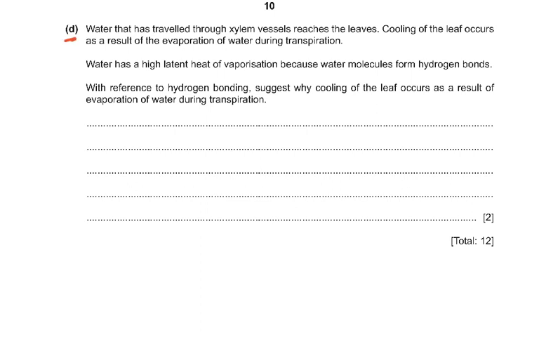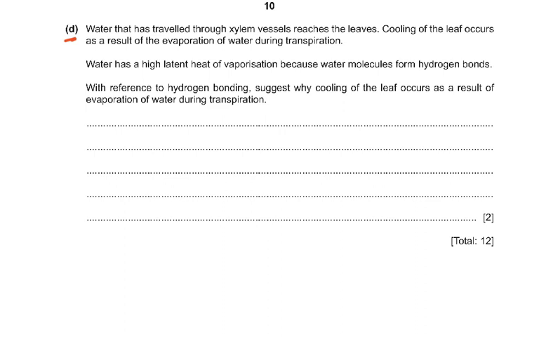Water that has traveled through the xylem vessel reaches the leaves. Cooling of the leaf occurs as a result of the evaporation of water during transpiration. Water has a high latent heat of vaporization because water molecules form hydrogen bonds. With reference to hydrogen bonding, suggest why cooling of the leaf occurs as a result of evaporation of water during transpiration.